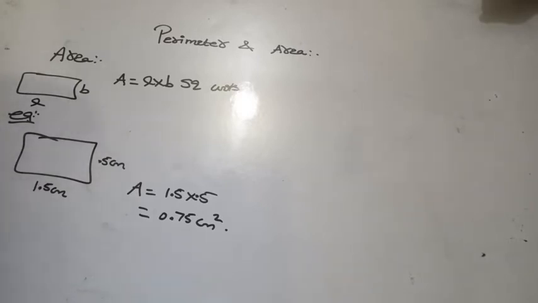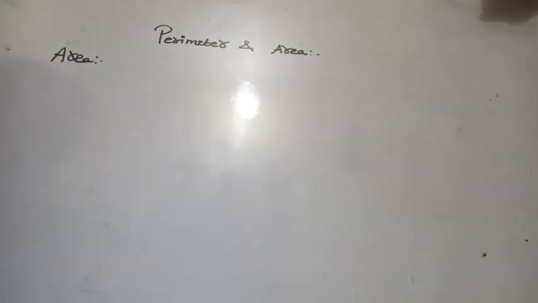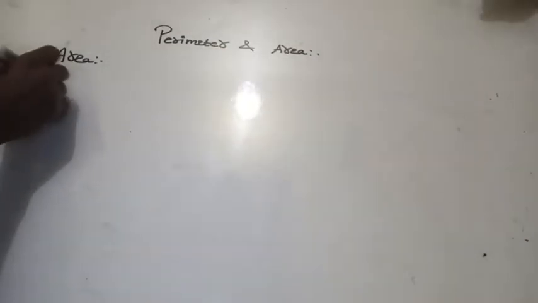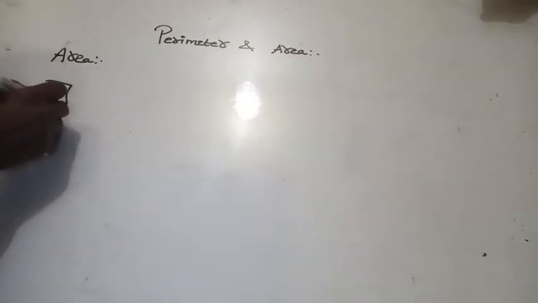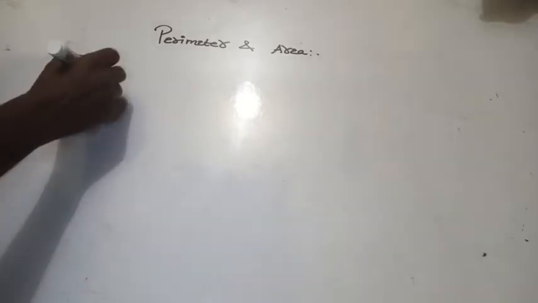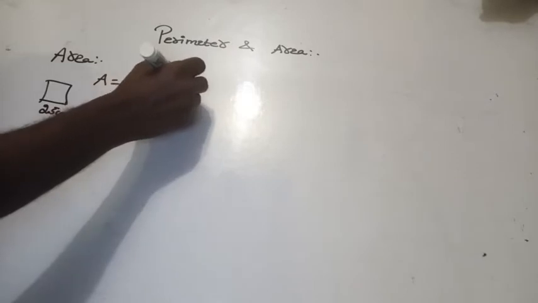Then square. Area of a square is nothing but side into side square units. Suppose the side is 2.5 centimeter, then the area will be side into side.